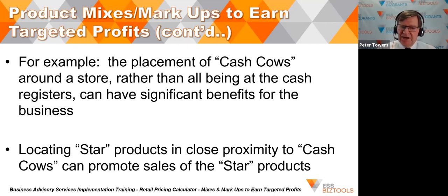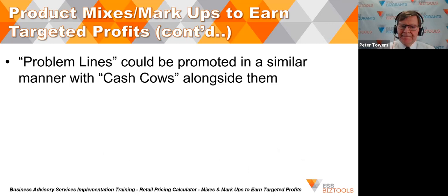So I've talked about locating the star products in close proximity to the cash cows and promote the star products so you get people looking at it. Problem lines could be promoted the same way. They could be placed alongside cash cows to hope that people do decide. It doesn't really worry them if it's last year's fashion or last year's color or whatever.